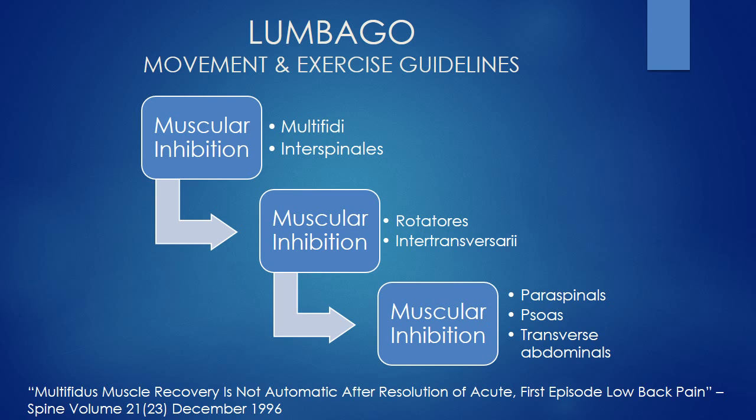Now, in the group that was treated with specific exercises targeting the multifidus muscles, they found that while both groups achieved pain-free status simultaneously, they became pain-free and resumed normal activities at about 4 weeks after the initial presentation. And only the group that was treated with specific exercises targeting the multifidus muscle showed a restoration of function of the multifidus muscle.